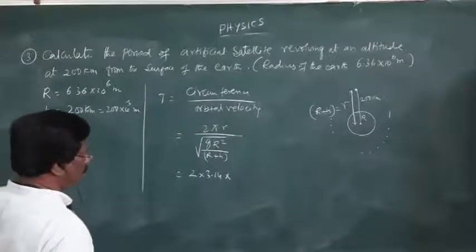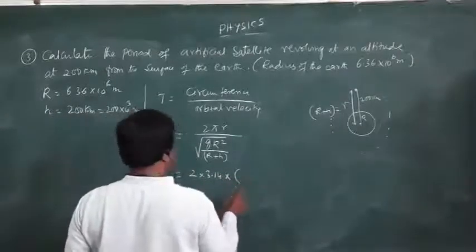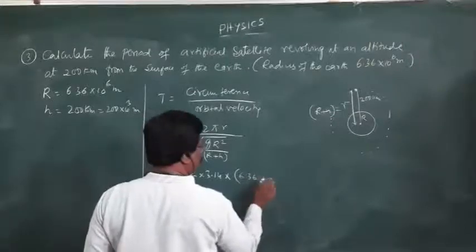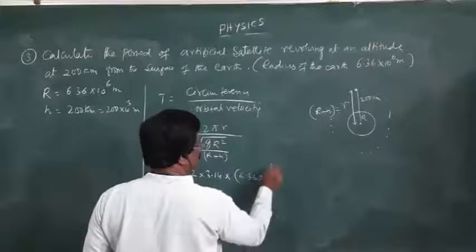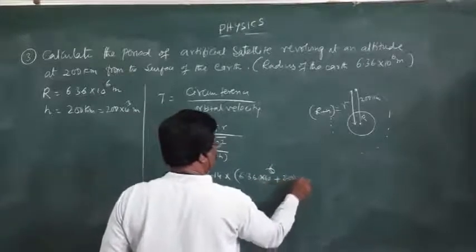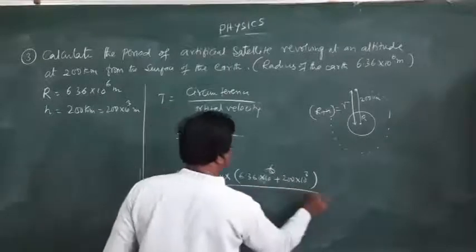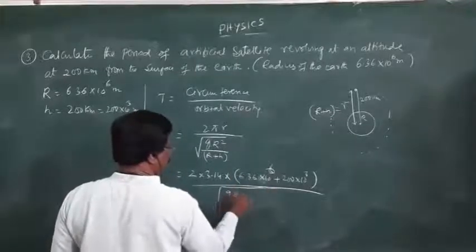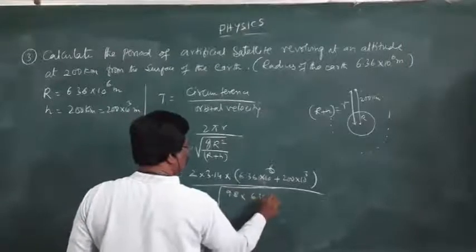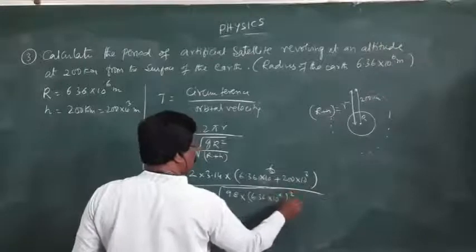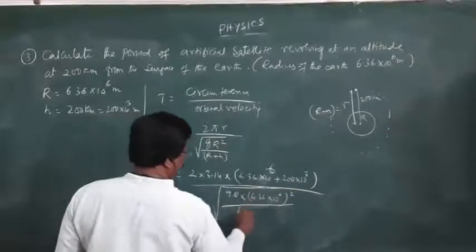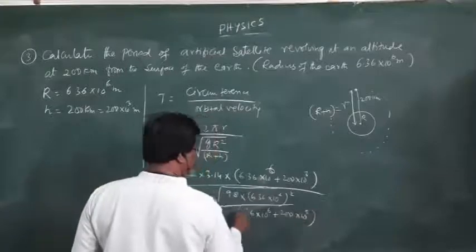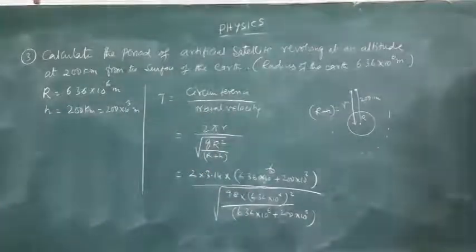I have to write r is equal to R plus h, so I will write 6.36 into 10 to the power of 6 plus 200 into 10 raised to 3, divided by the square root of g R square, 9.8 into R, which is 6.36 into 10 raised to 6, whole square, divided by 6.36 into 10 raised to 6 plus 200 into 10 raised to 3. Then you have to simplify this.